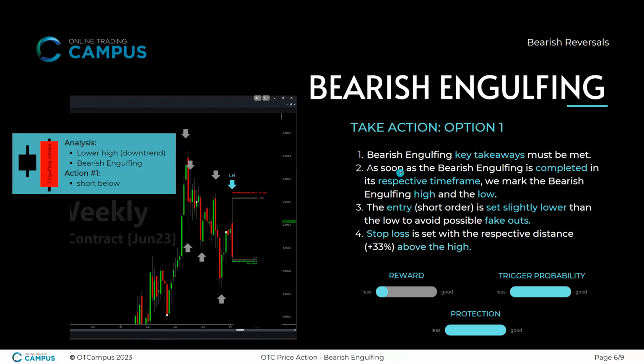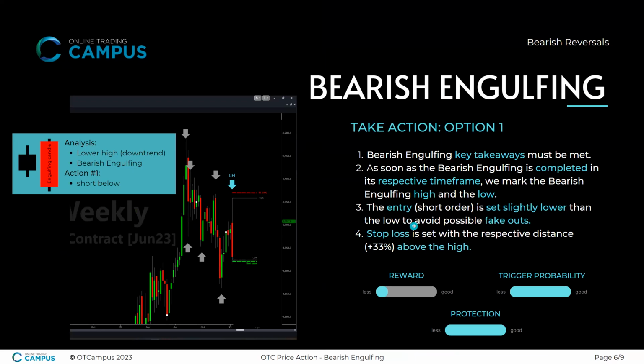Number two, as soon as a bearish engulfing is completed in its respective time frame, and it's a weekly time frame, means we have to wait to see a close of the candle. Means a Friday is not good enough. We have to wait for the next Monday. Okay, we mark the bearish engulfing high and the low.